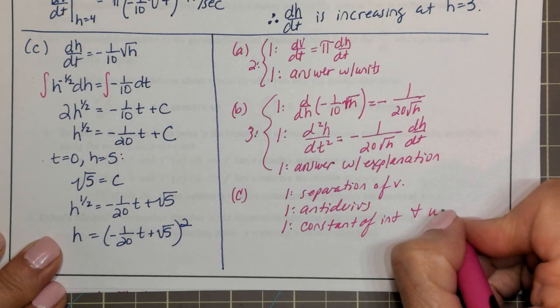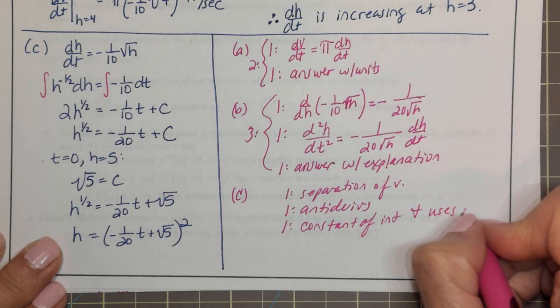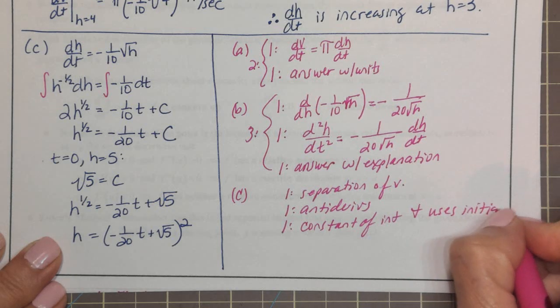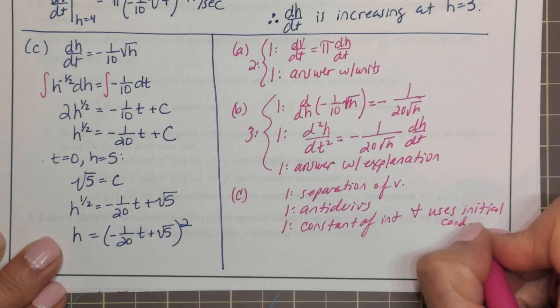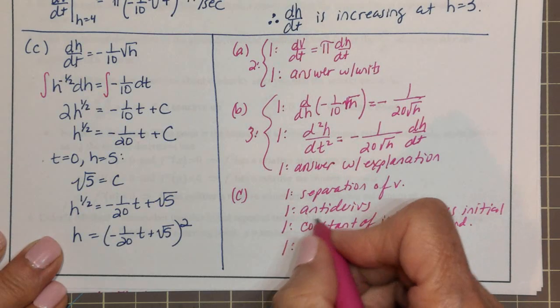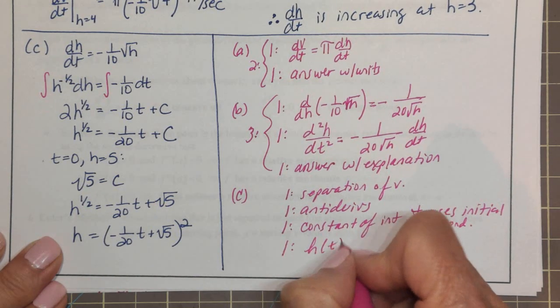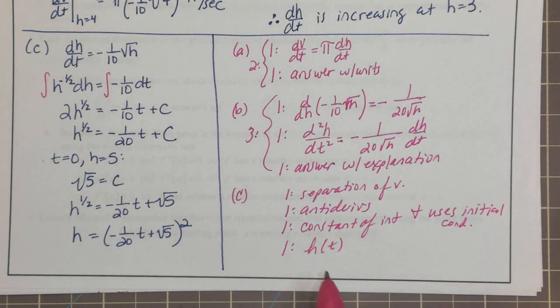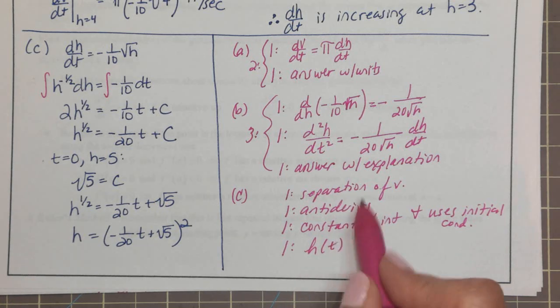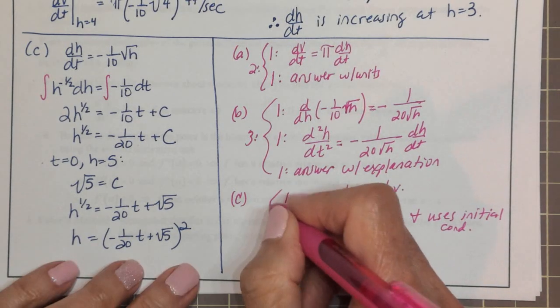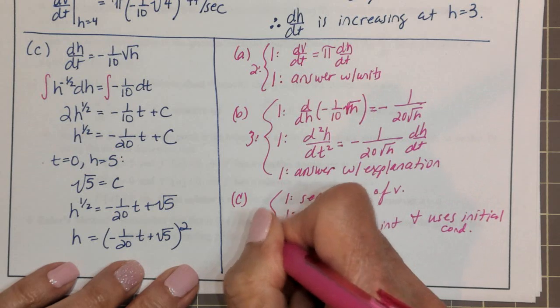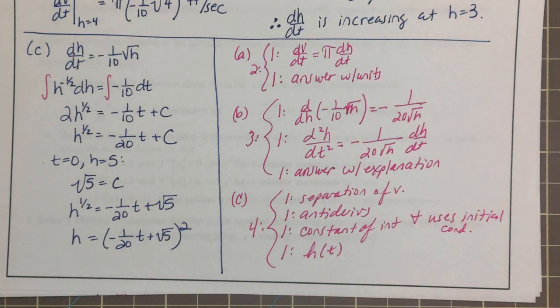And uses initial condition to find that C. 1 point for the answer. To get the answer, you had to have done everything in front. It had to be the correct answer, not just solving for any h, but the correct h.